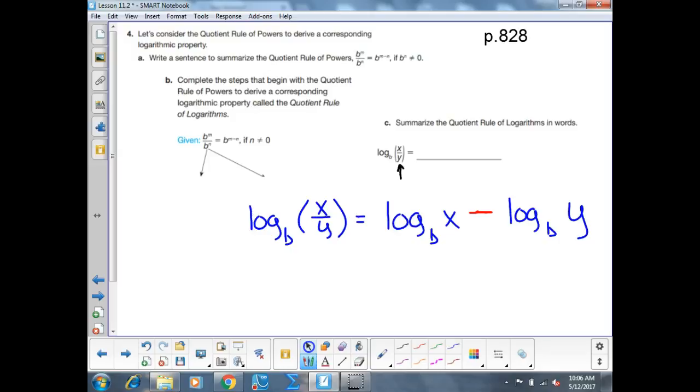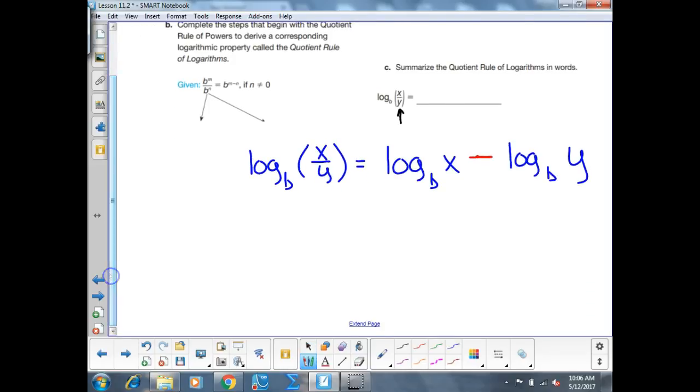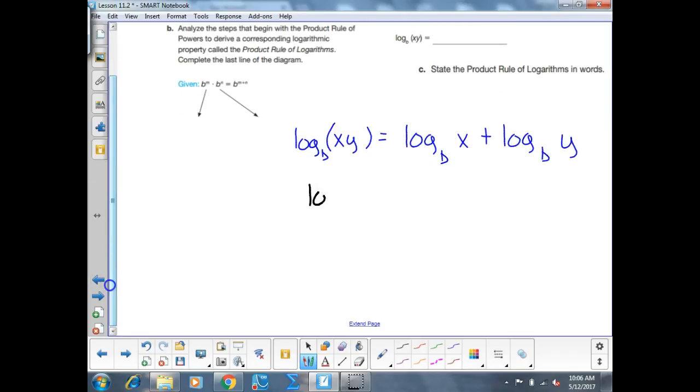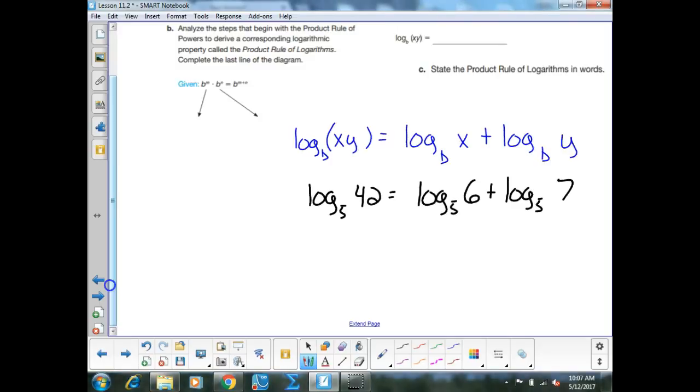Okay? So in my classes yesterday, we talked about log base 5 of 42. We said that log base 5 of 42 could be log base 5 of 6 plus log base 5 of 7, or it could be log base 5 of 2 plus log base 5 of 21, and so on and so forth.